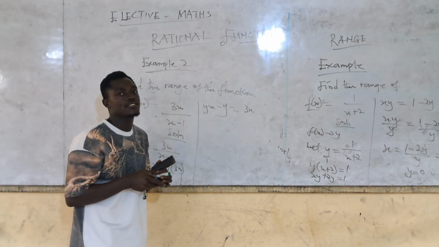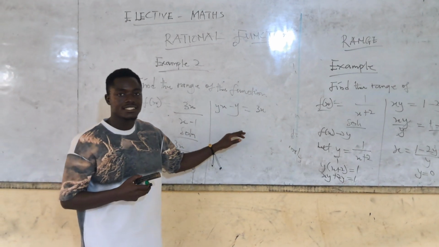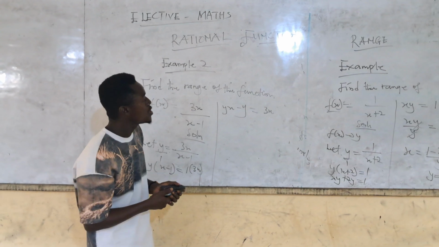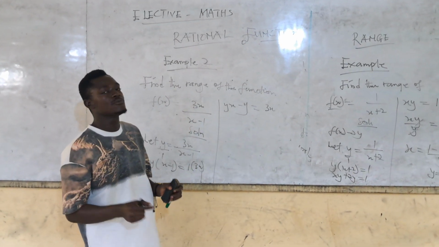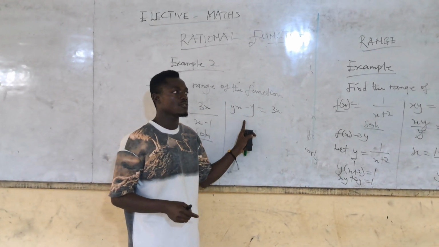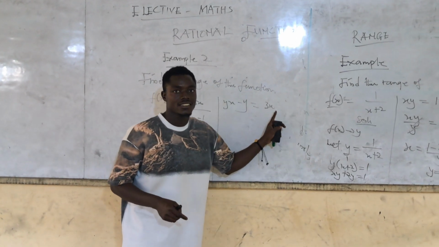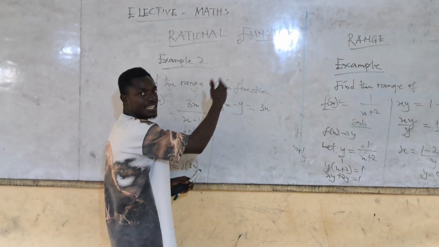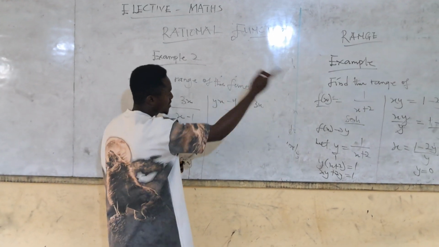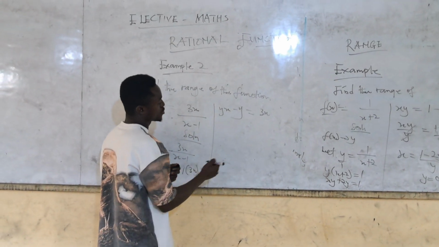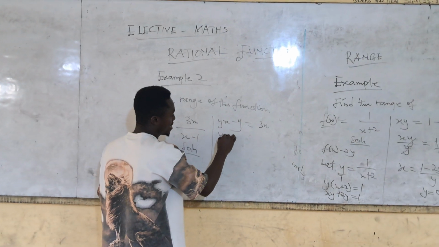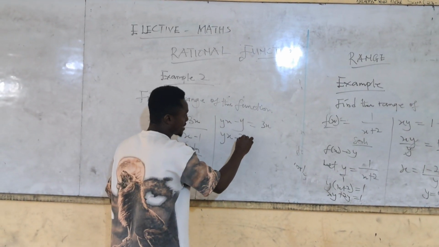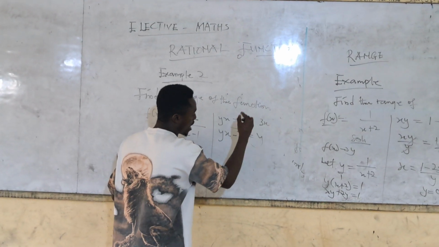This calls for grouping: you group those with x to one side and those without x, or with a different variable, to the other side of the equal sign. So you have yx minus 3x equals y.